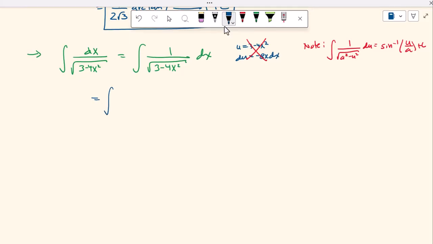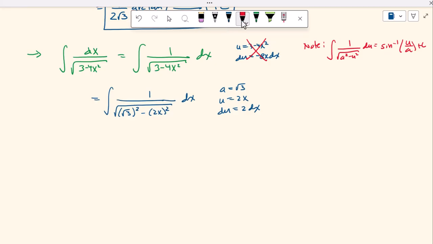So this is equal to square root of 3 quantity squared minus 2x quantity squared 1 dx. Okay, so it looks like a is equal to root 3, u is equal to 2x, du is equal to 2 dx.